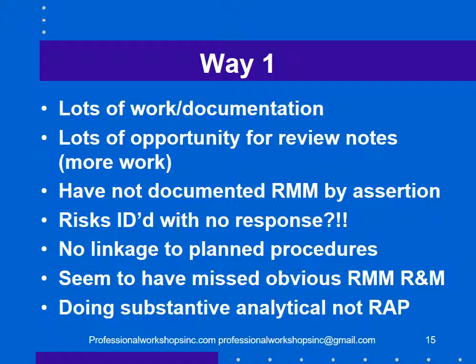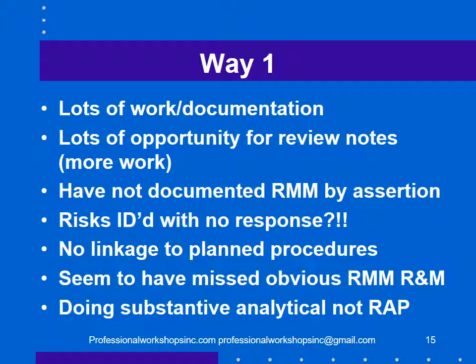So we would have had a risk identified that perhaps in the remainder of the audit we would not have addressed. So there's no linkage to our planned procedures from what we've identified, and no documentation of that. So we spend an awful lot of time documenting something that has no requirement to be documented, and have not documented any of the things that were to be documented.